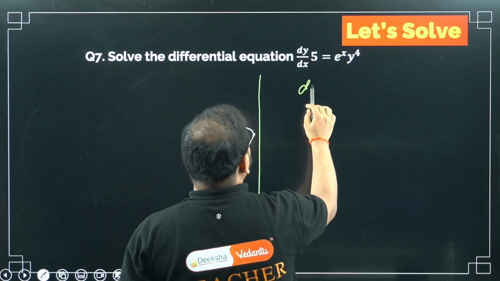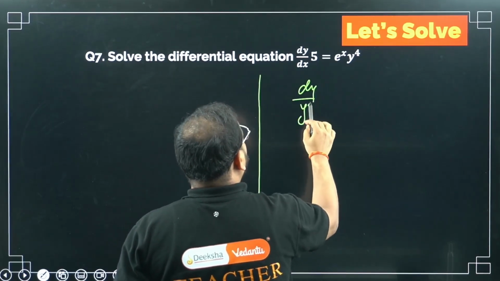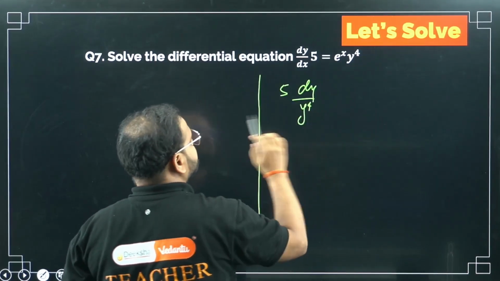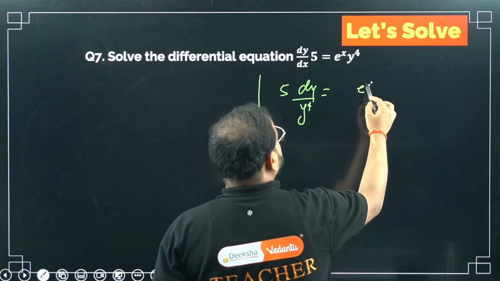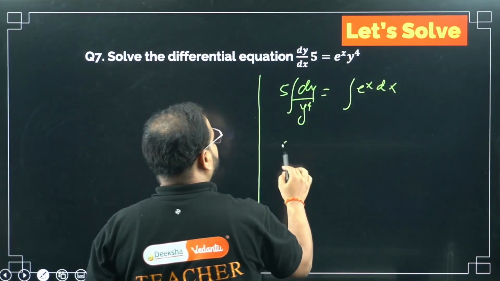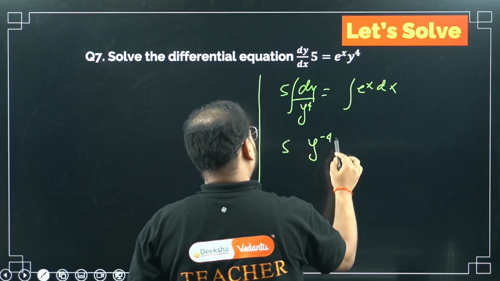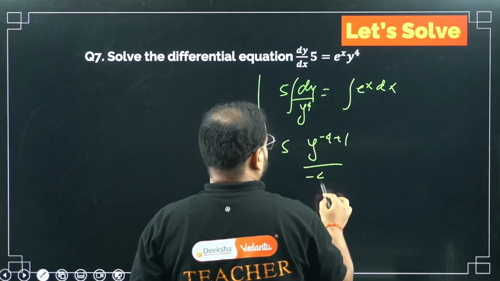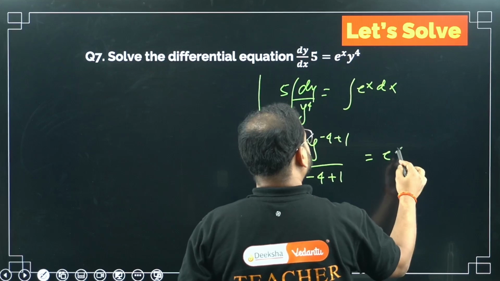So dy by y^4, I'll keep the 5 constant outside, and e^x dx, integrate. Okay, how much is that? 5 y^(-4+1) over (-4+1), this will remain as it is, e^x plus c.